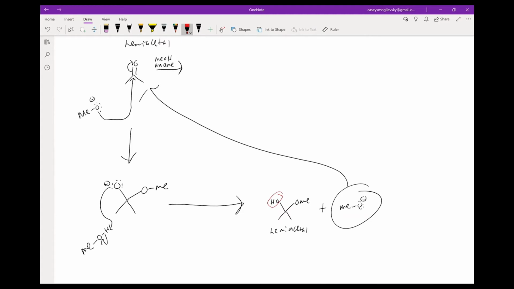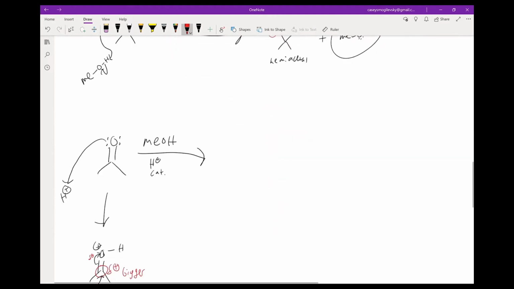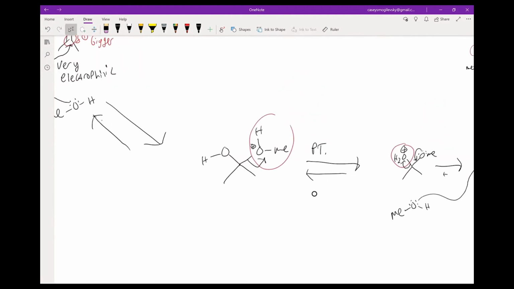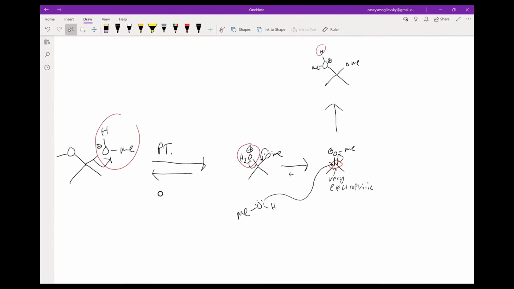You can't do an elimination because you're kicking off hydroxide, not a very stable thing to kick off. Whereas here, you're kicking off water, which is a lot more stable. It's pretty happy to just be water leaving. Water is a very good leaving group.